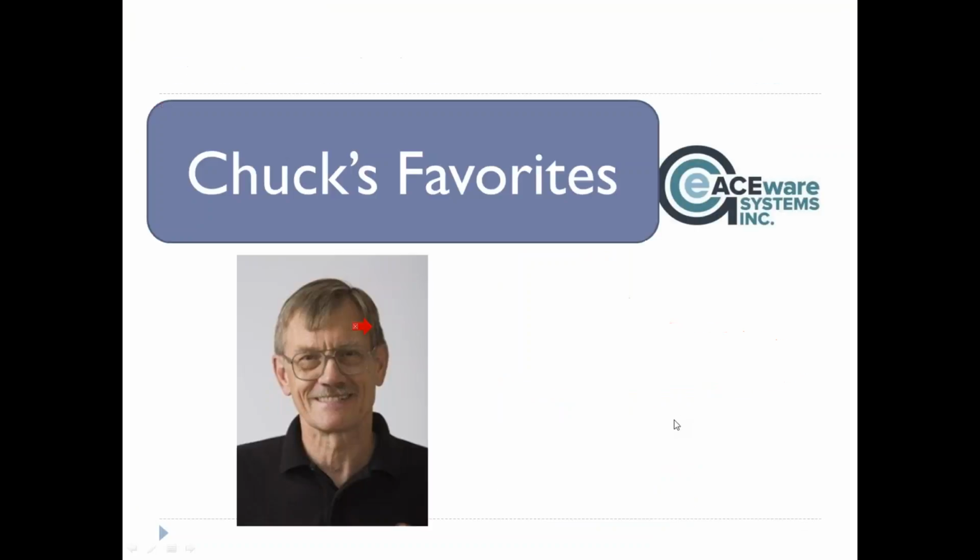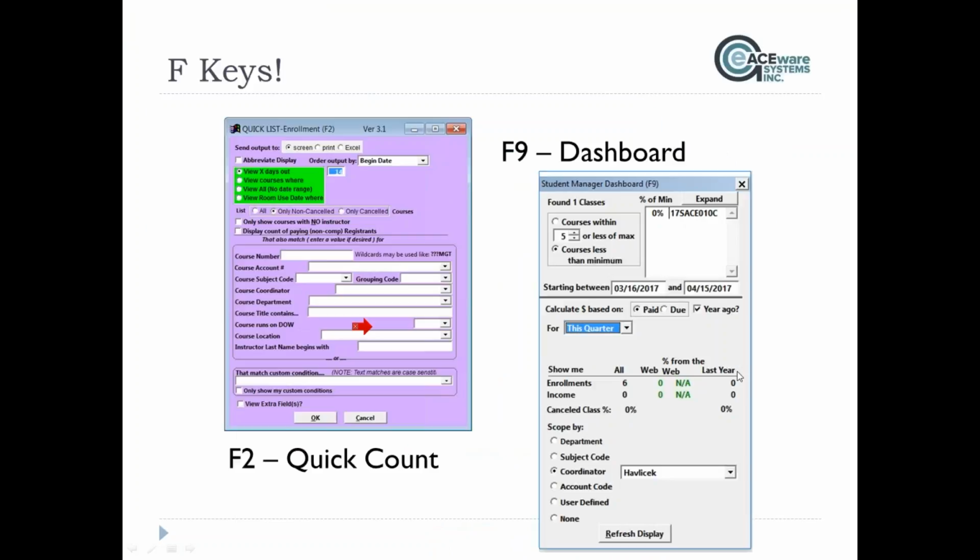Course statistics, Chuck's favorites. I can't leave the course area without talking about the F keys. And we talk about reports, we talk about getting the data out. Well, obviously, you can run reports, but I'm going to ask you, raise your hand if you have hit the F2 key or the F9 key in the last month.